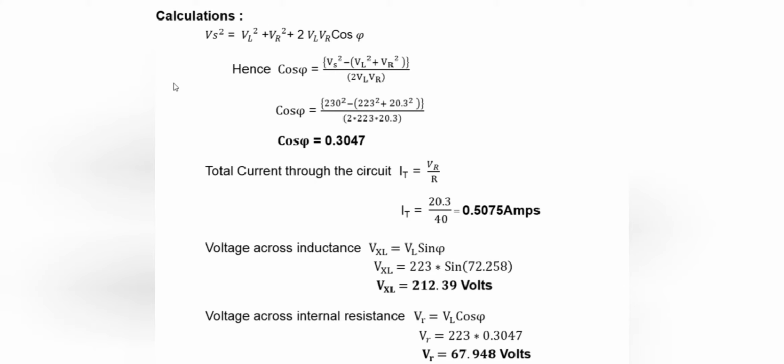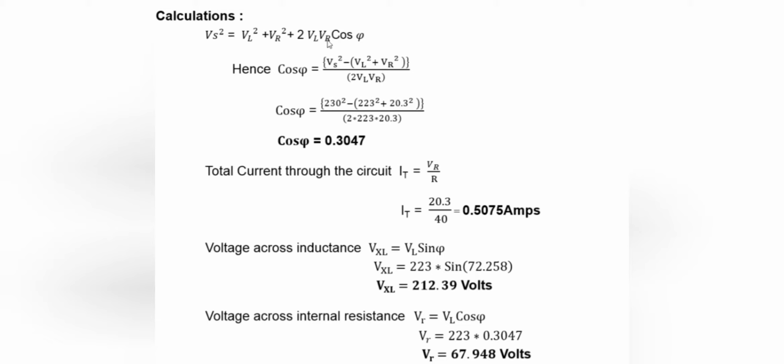In order to calculate the inductance and internal resistance of a choke coil, the calculation is as follows. By using this formula, we can find the power factor because we know the voltage across the source, the voltage across the choke coil and the voltage across the rheostat. All the 3 voltages we know, so the only unknown parameter is cos phi.